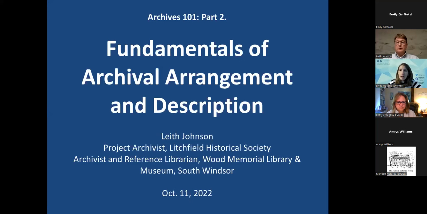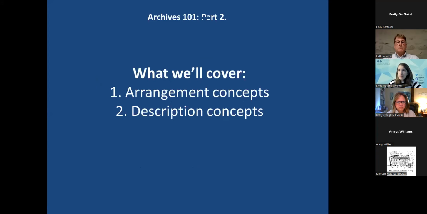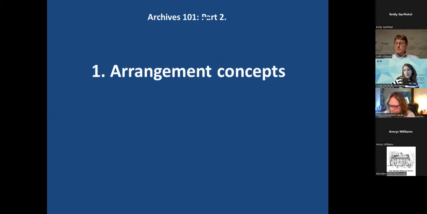So I'm going to continue with fundamentals of arrangement and description. I'm going to be covering today basic arrangement concepts and description concepts. As Linda has said, after doing background research and analysis, it's time to consider the arrangement of the collection. First things first, is there any discernible order? Is the order meaningful?